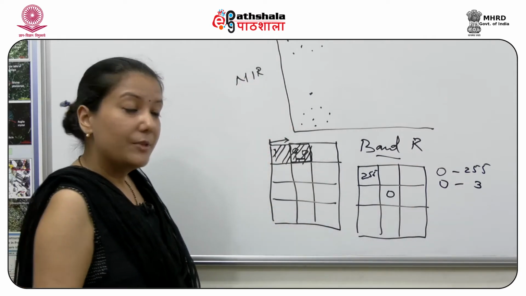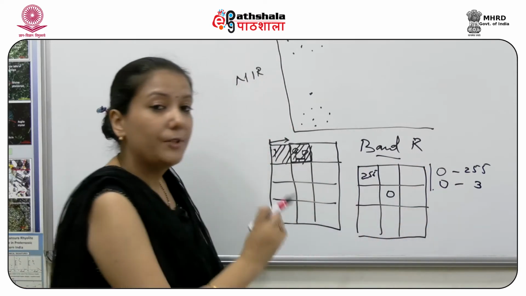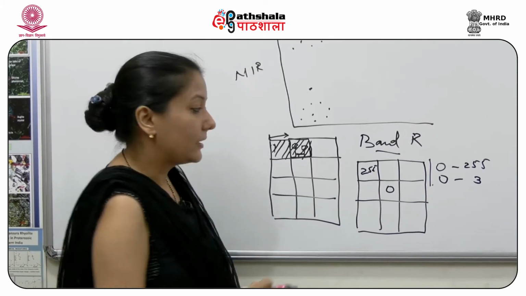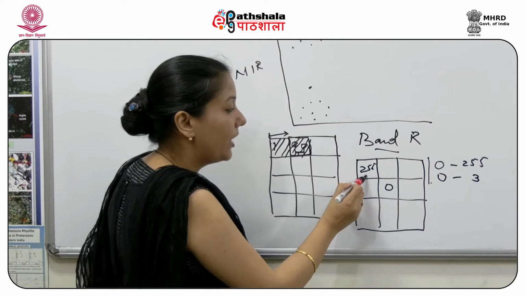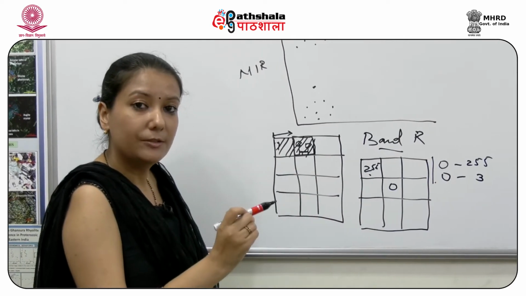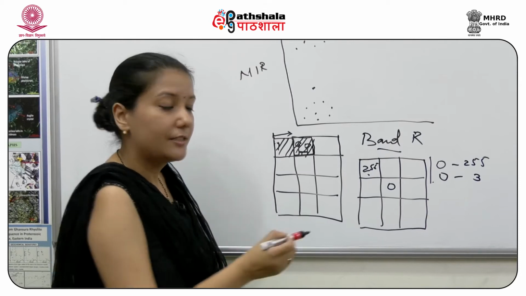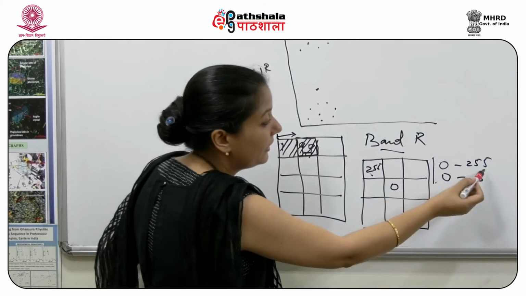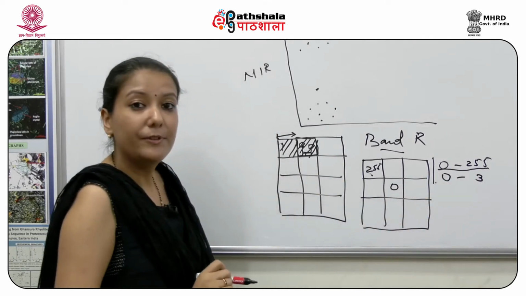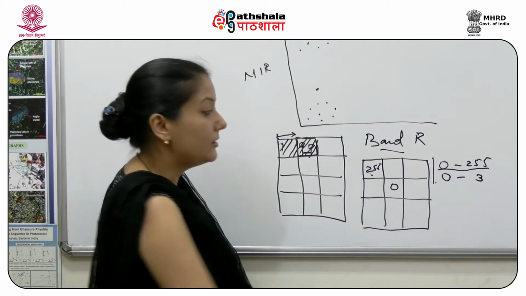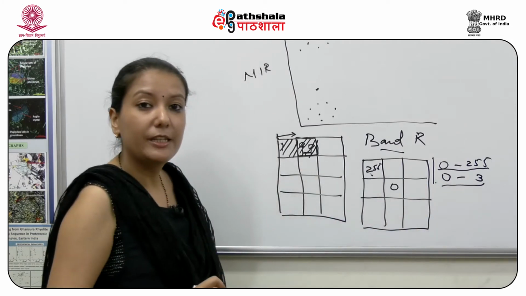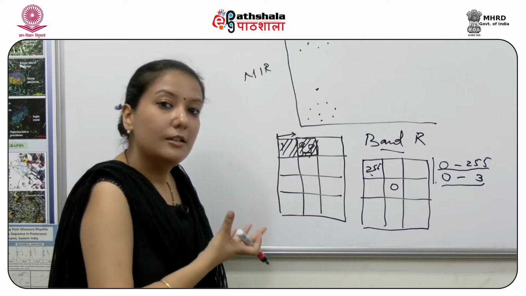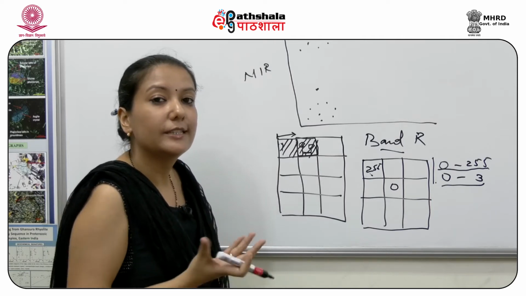On the basis of these numbers, we provide a variation in color from white to black. If you have a 255, that's the highest number and its highest reflection, that would be white, and 0 would be black. So in an 8-bit image you will have a variation between 256 colors, while here you will have a variation of only 4 colors.